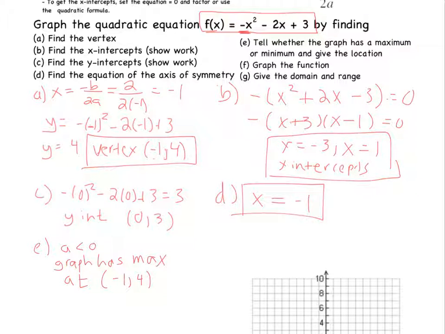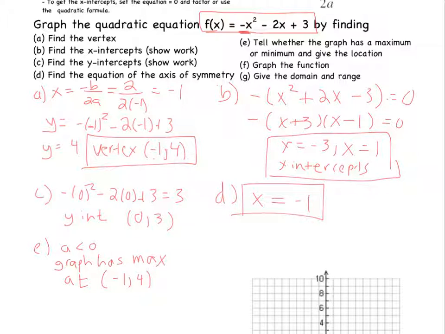And then just one thing to point out in terms of how the book asks the question. If it asks for the location, that would mean both coordinates. If they just ask for the maximum value, which is what they want a lot of times in word problems, that would just be the y-coordinate. If in doubt, if you just want to give both, that would be fine.